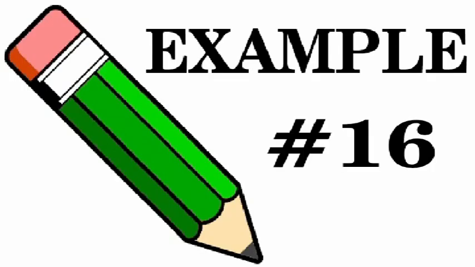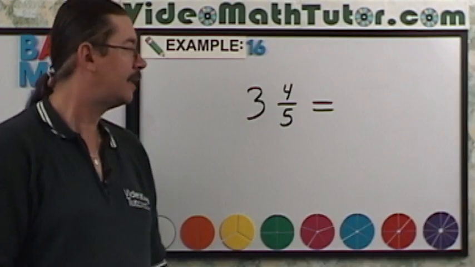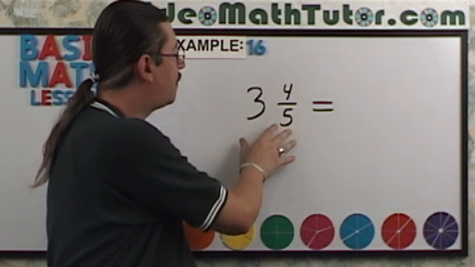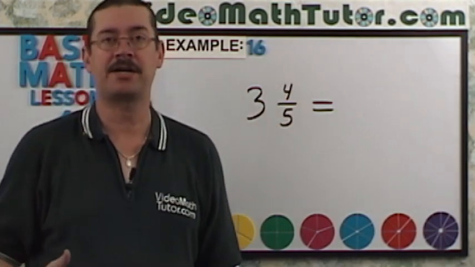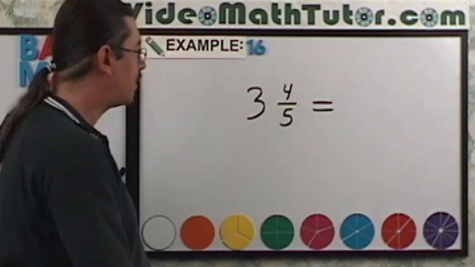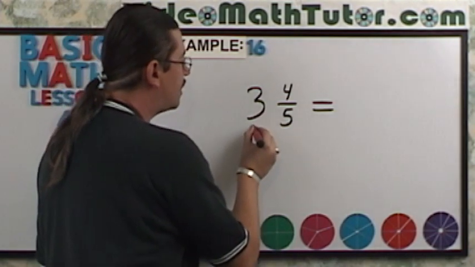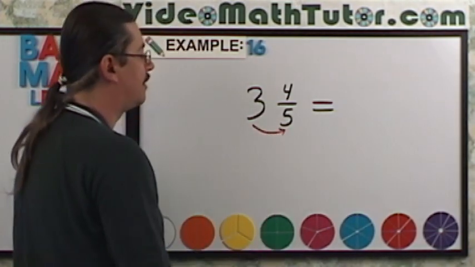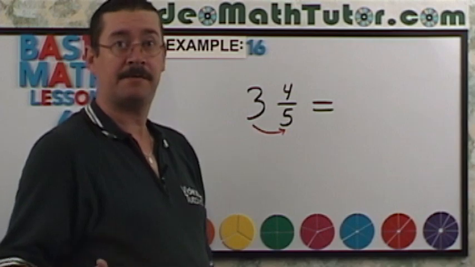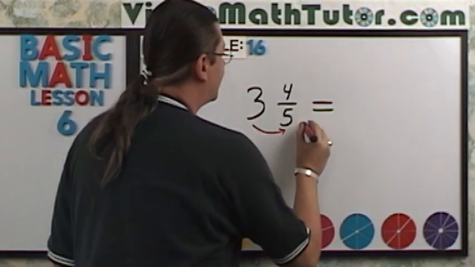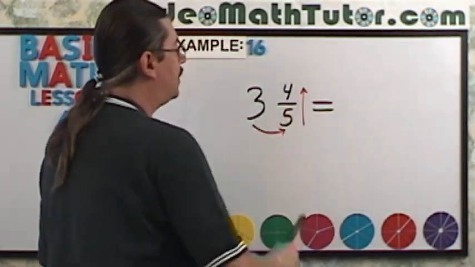For example 16, I'd like to convert 3 and 4/5 into an improper fraction. So the first step is I'm going to multiply the 3 times the 5. What does that give us? 15. Now I want to add that to the top number.